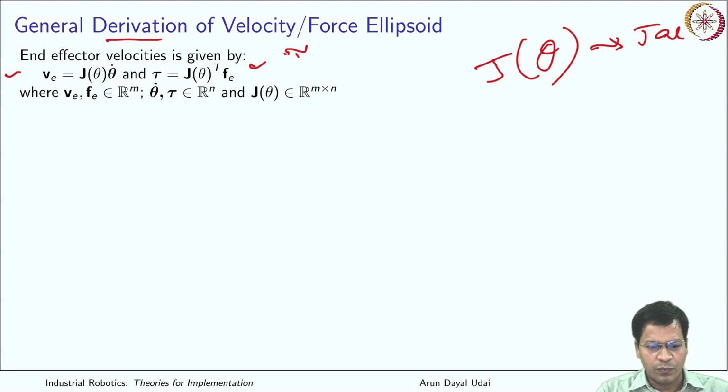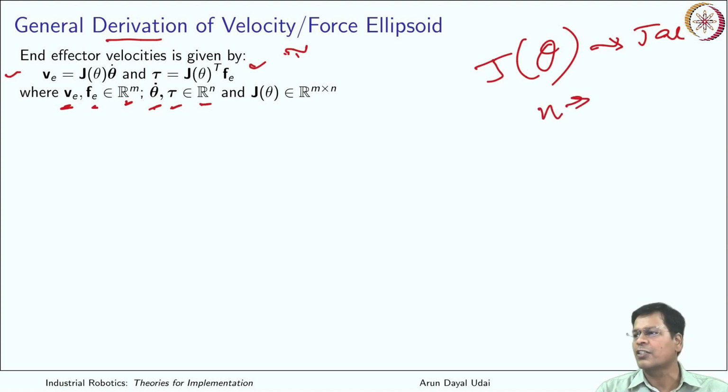Whereas VE and FE are the end effector velocity and forces. They are m dimensional real numbers, so it is an element of this set. Similarly theta dot and tau are n dimensional real numbers, so it is an element of this. So yes, again it depends on n.